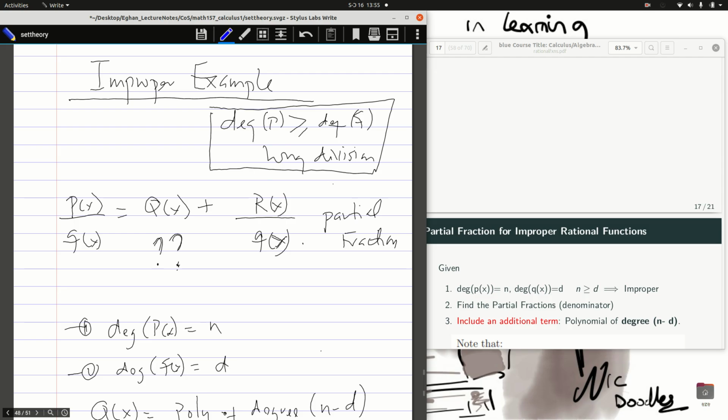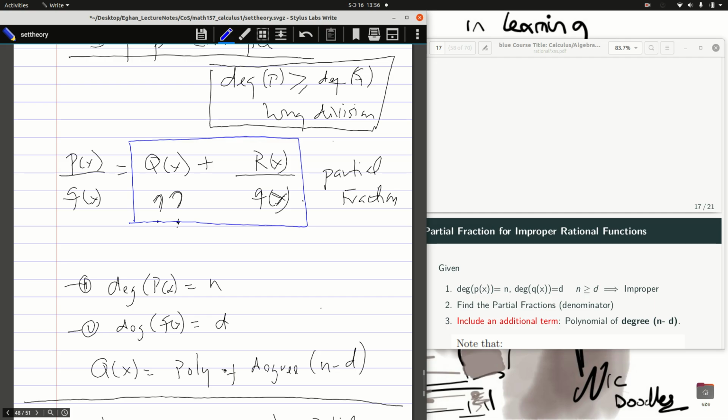If I use long division, I'll end up getting a form as this. We know what Q is. Q is the quotient, R is the remainder, and the small q is the divisor, which is always provided. Indeed, this is already in the partial fraction form.